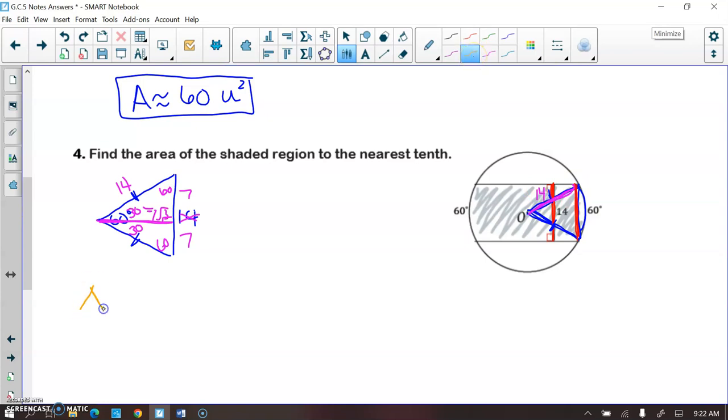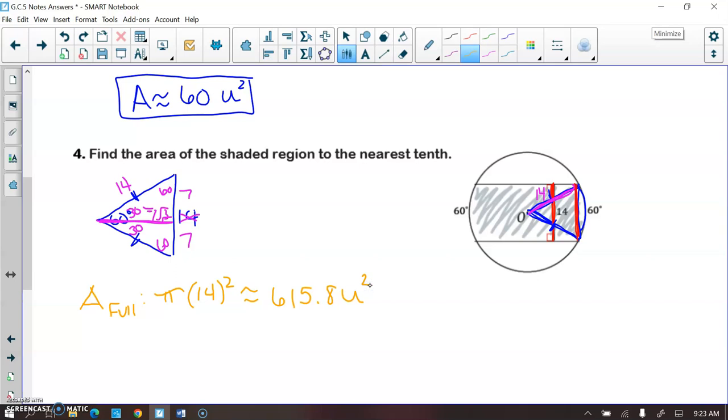So now I can find the area of my full circle, which is going to be pi times 14 squared. And this comes out to be approximately 615.8 units squared.